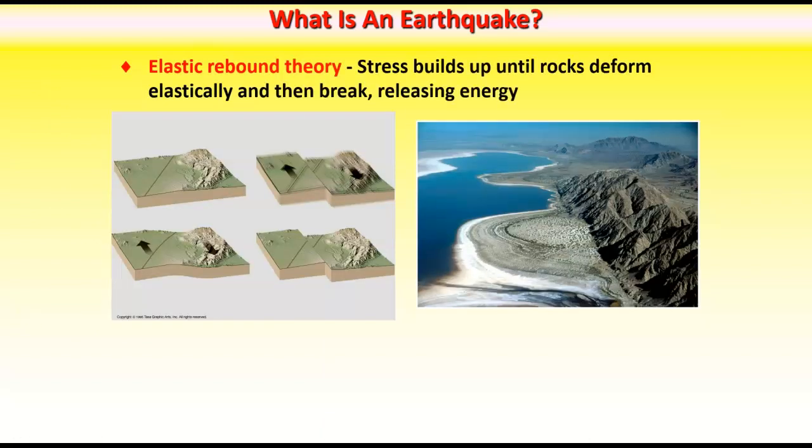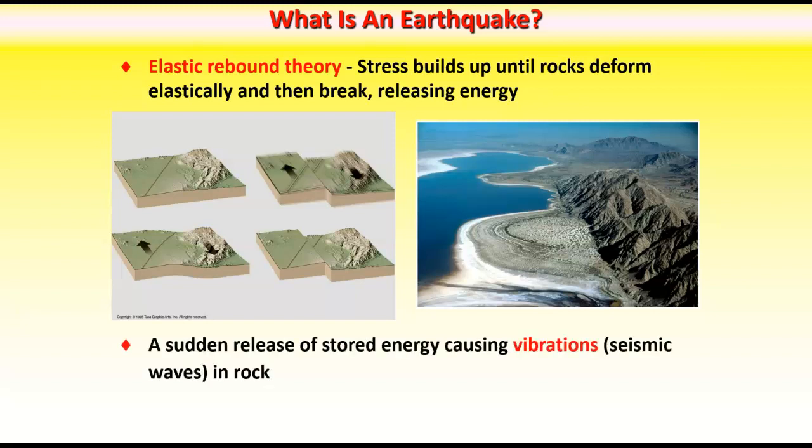So, the idea behind an earthquake is the elastic rebound theory. What does that mean? Well, it means the place where there's some stress being applied. Now remember, you've got to bring some of your knowledge from previous lectures.